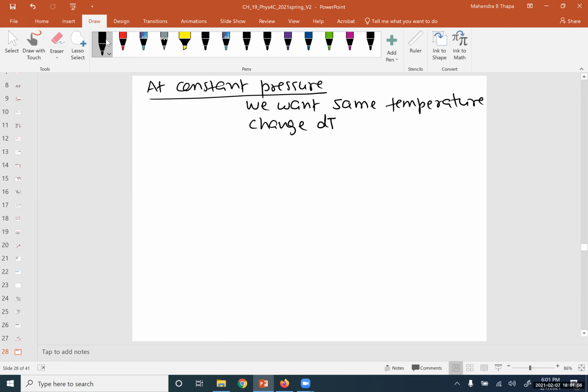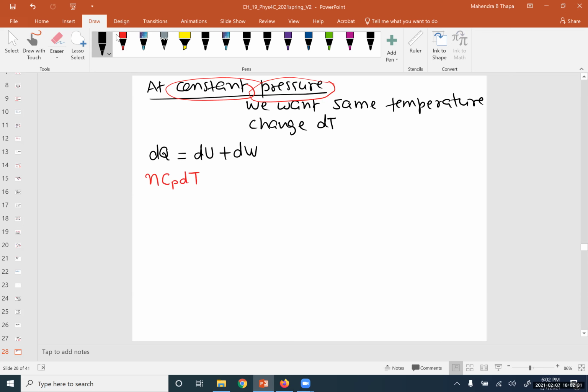So we start again with the first law. It is dq equals dU plus dW. Now we are heating while keeping the pressure constant, so the heat supplied is n Cp dT.